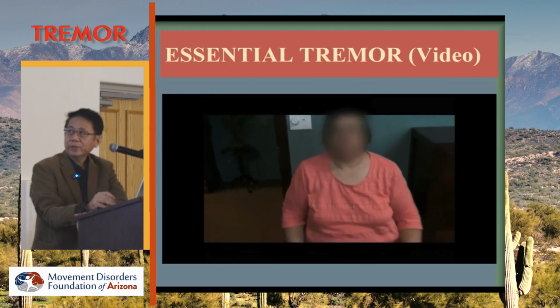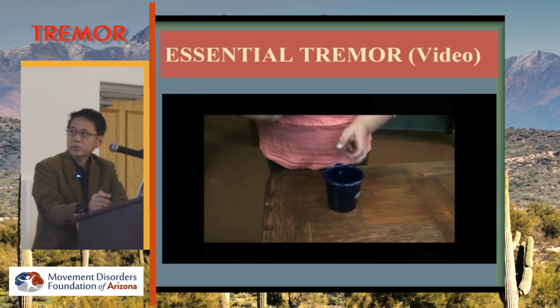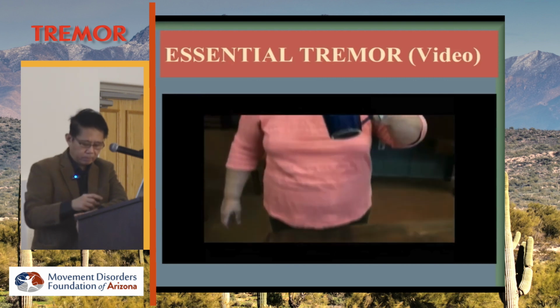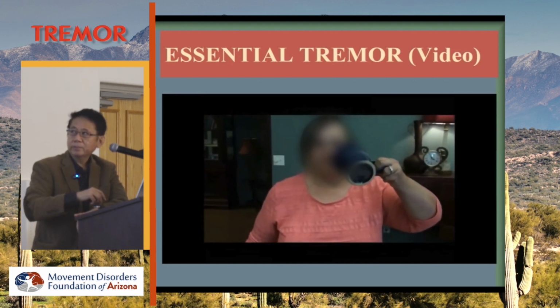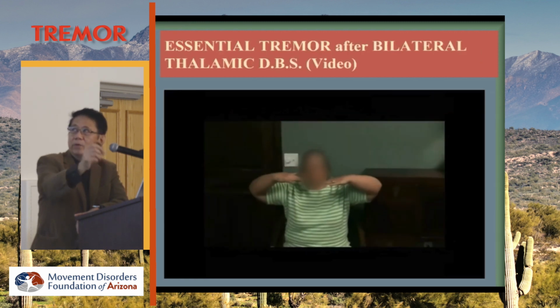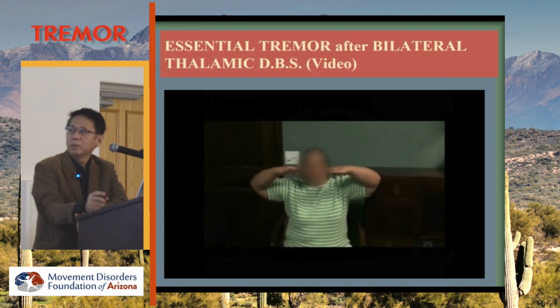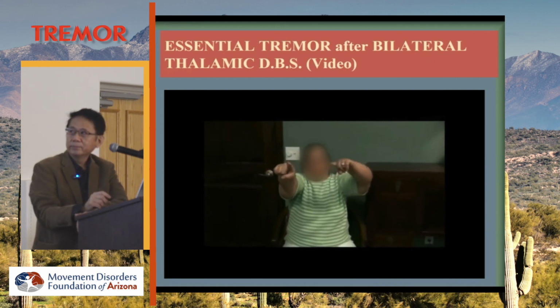And here she is holding a cup, which she struggles with in that tremulous hand. Very difficult. And then when deep brain stimulation of the VIM was done, there's remarkable improvement.